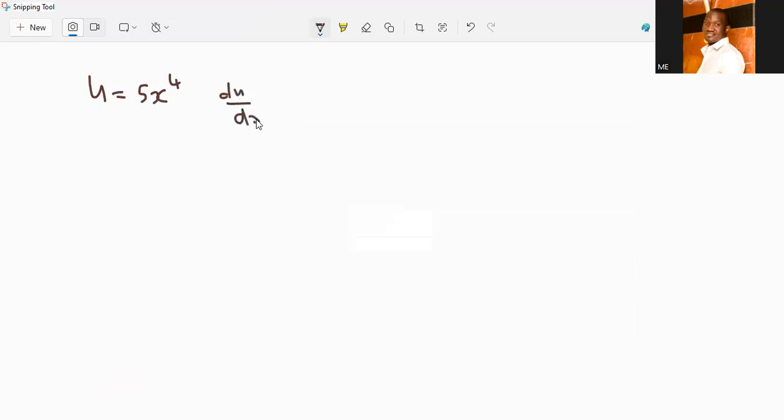This is the marginal utility of x. You just multiply the numbers and subtract 1 from the power. So what is the marginal utility of x in this case? 20x^3. How do we get the 20x^3? We multiplied 4 times 5, 20. 4 minus 1, 3.